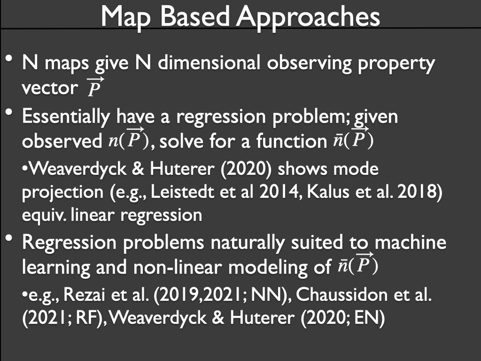And so one approach is to use maps and regress out the trends that we find, comparing the number density that we observe along this observing property vector.